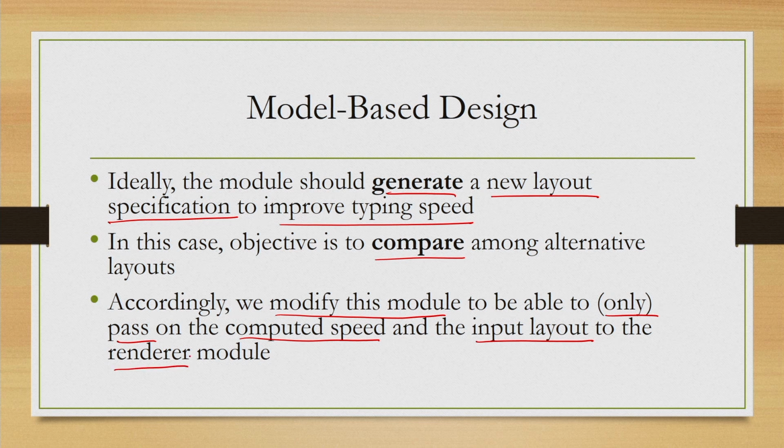So, here we do not need to generate a new specification or specification for a new layout. Instead, we simply collect the computed speed information from the user state predictor module and the input layout specification and pass on these two pieces of information to the renderer module. So, this is a very simple implementation of the interface state predictor module.